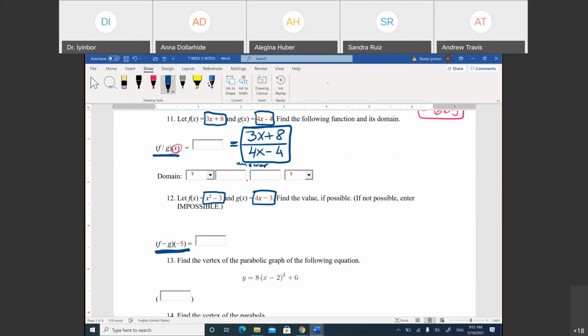Now, how do you find the domain? You need to find the domain also. You find the restrictions of x on the denominator. So we're just going to work with the denominator, which is 4x minus 4, and you set it not equal to 0, right? Then how do you solve that?